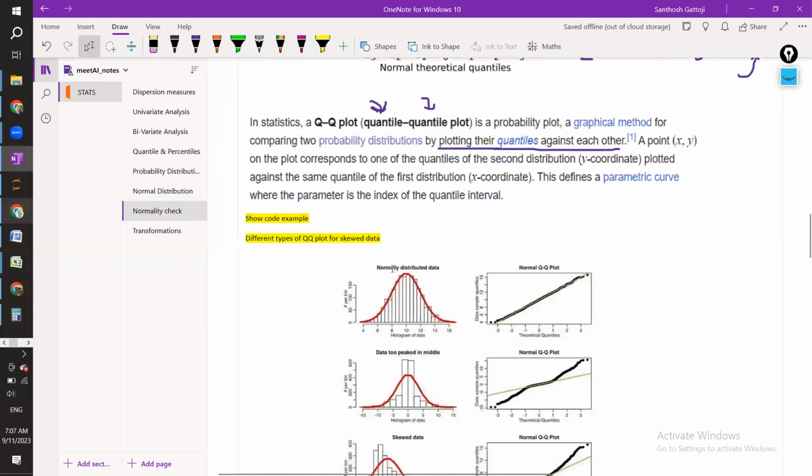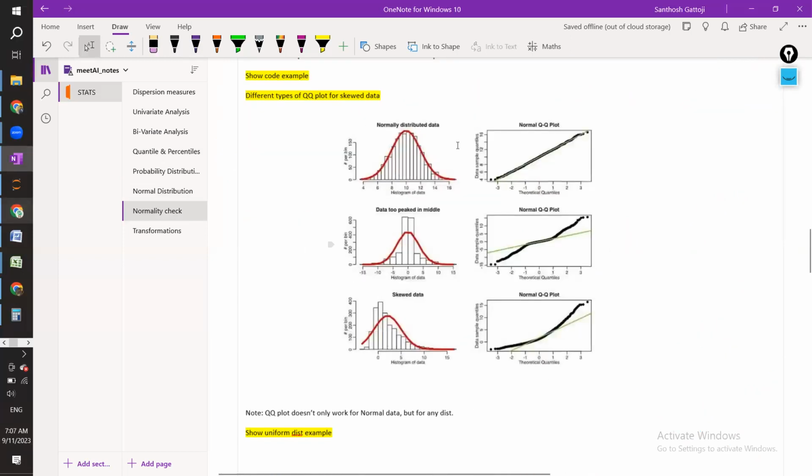Theoretical. And this is how different types of QQ plots look. If it's a perfectly normal distribution, the QQ plot looks like this. If the data is a little bit peaked, you see the bars in the background, a little peaked, then the QQ plot will be a bit tilted.